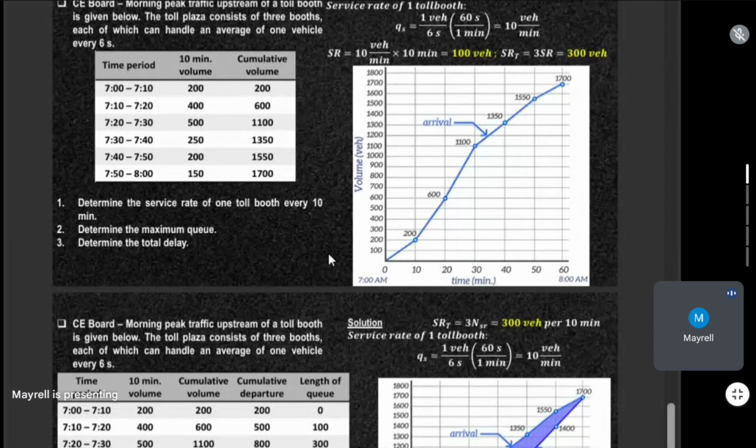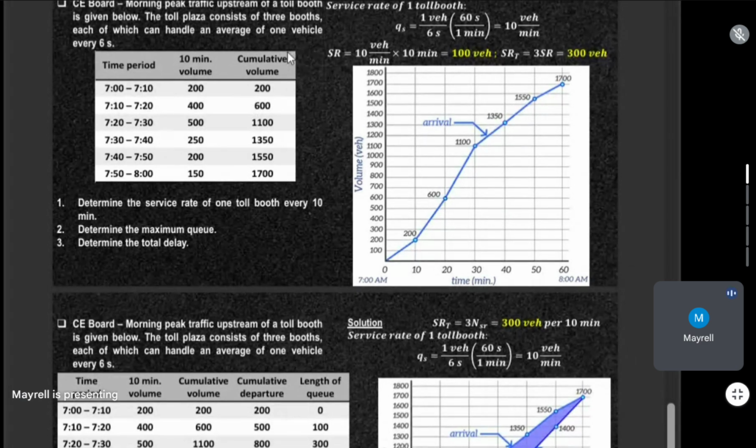So you have the time period from 7 to 8 in 10 minutes: 7 to 7:10, 7:10 to 7:20, 7:20 to 7:30, 7:30 to 7:40, 7:40 to 7:50, 7:50 to 8. Then the 10-minute volume: 200, 400, 500, 250, 200, and 150.